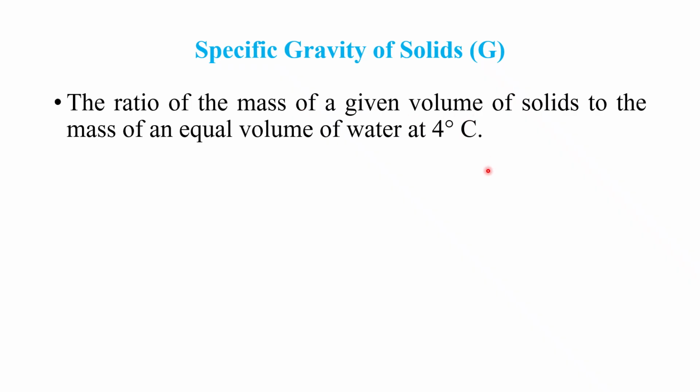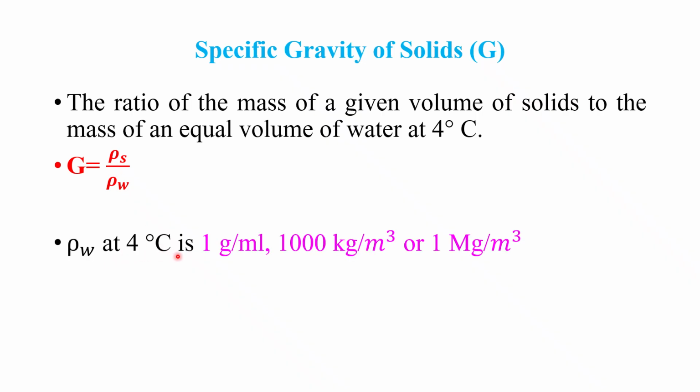So in simple words, specific gravity of solids is the ratio of density of solids to the density of water at standard conditions, that is 4 degrees centigrade. Density is denoted by Greek letter rho. Density of water at 4 degrees centigrade is 1 gram per ml or 1000 kilogram per meter cube or 1 megagram per meter cube. You should know this to solve soil mechanics numericals.